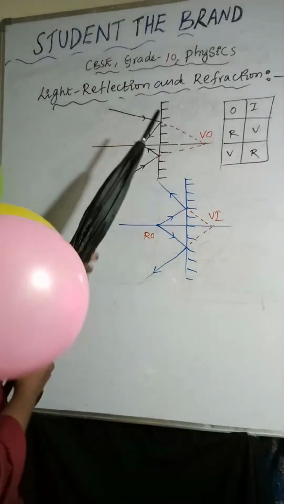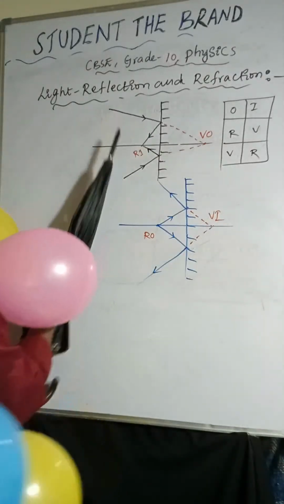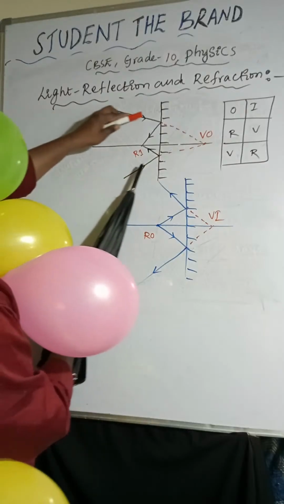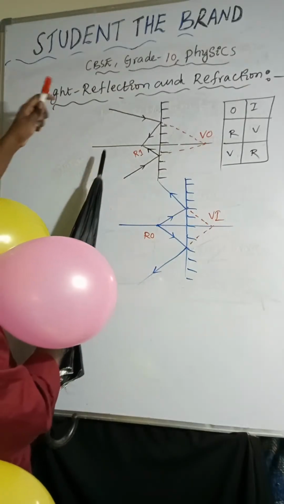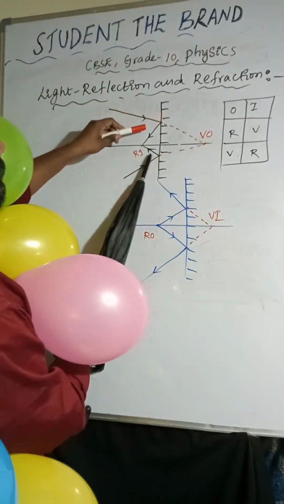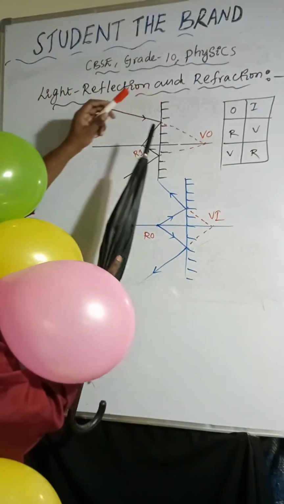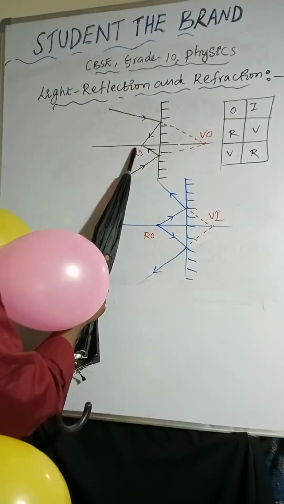Now you can observe here, these are the incident light rays coming from the source, that is, the object. After reflection, those light rays are meeting at one point, and their image is forming: a real image.